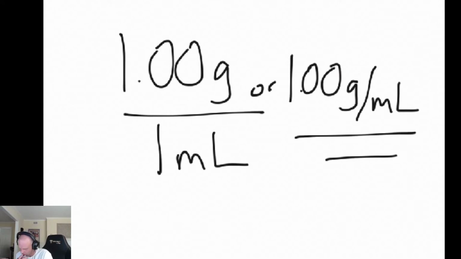So anyway, water, I didn't look up why, but water is like the standard. The reason that water is 1.00 grams per milliliter is because we built the milliliter off of 1 gram of water.